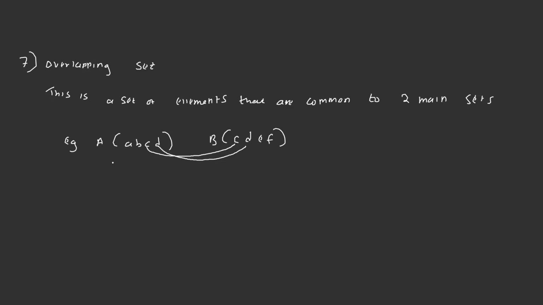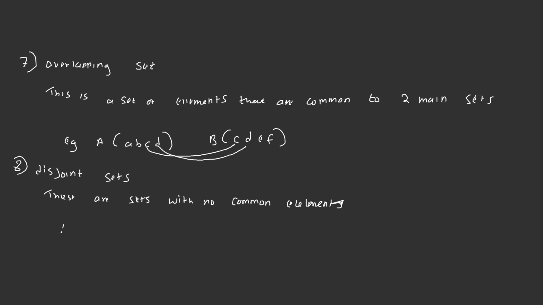Next we have number 8, disjoint sets. Disjoint sets are sets with no common elements.